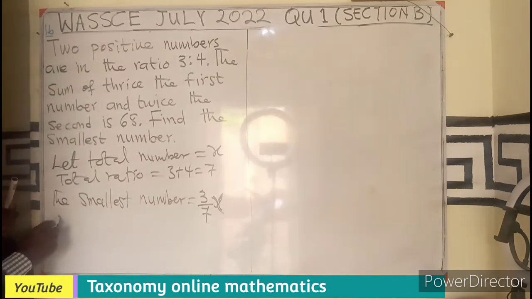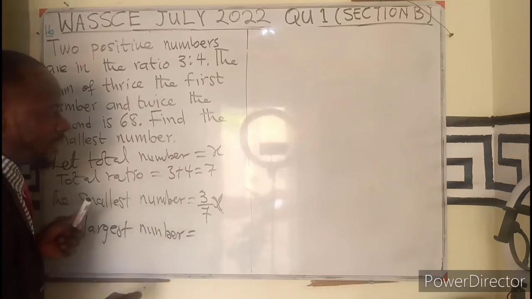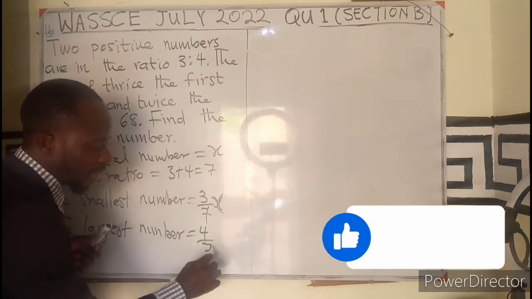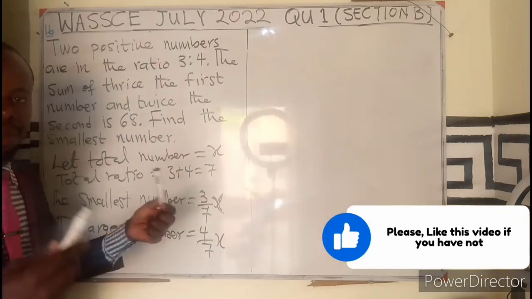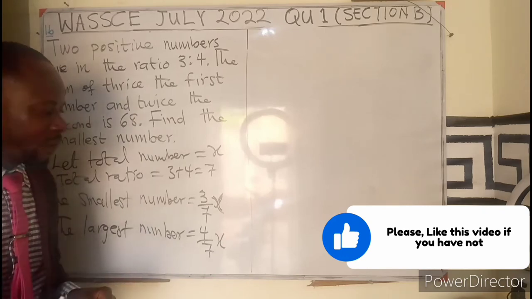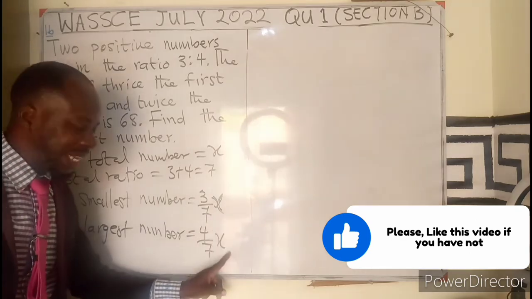Then the largest number, or the second number, is the ratio corresponding to the second number out of the total ratio times the number being divided into 3:4. So this is the number, not the ratio: the smallest number and the largest number.